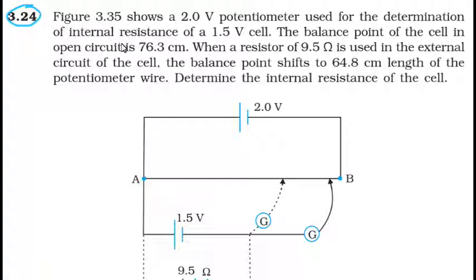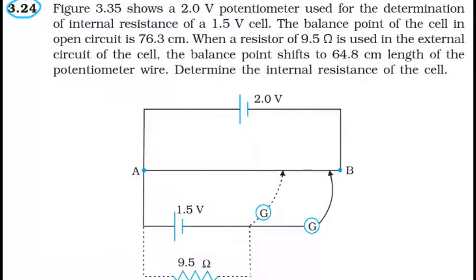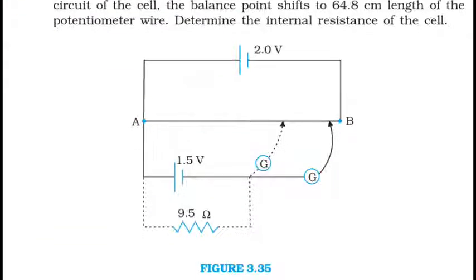When a resistor of 9.5 ohm is used in the external circuit of the cell, the balance point shifts to 64.8 centimeter length of the potentiometer wire. Determine the internal resistance of the cell. So let us see the figure. This is the complete figure.